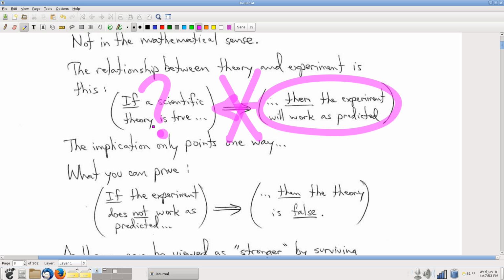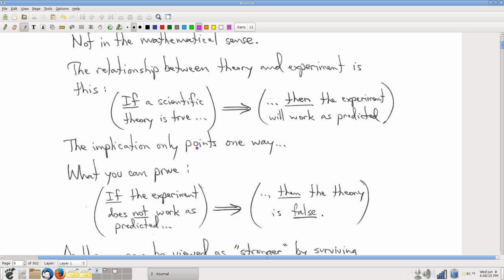The cannonball weighs more than the feather, and so this theory predicts that the cannonball will fall faster than the feather. And sure enough, you drop them both off the side of the building, making sure that no one is below, and the cannonball falls much faster than the feather. So we have a silly situation, but in fact that experiment did work exactly as the theory predicted. But that theory is false. That's a coincidence having to do with air friction.